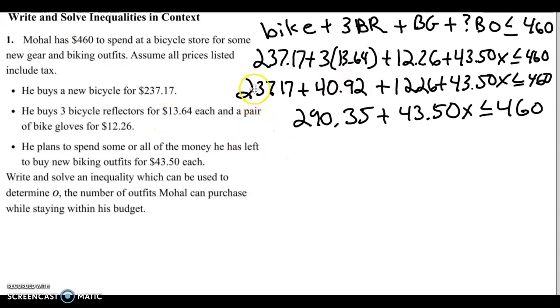So I took the constants, 237.17, 40.92 and 12.26, added them all together, and I get 290.35 plus 43.50x, and that's less than or equal to 460. So when it says type in or write the inequality, this is what they want you to write.